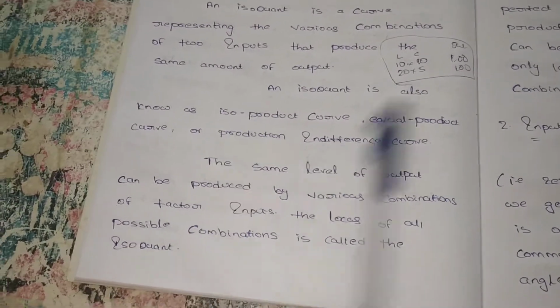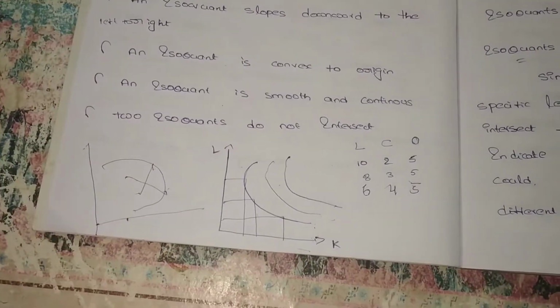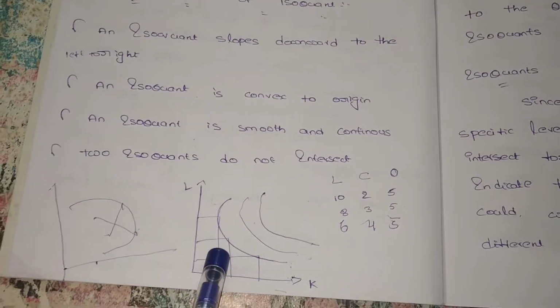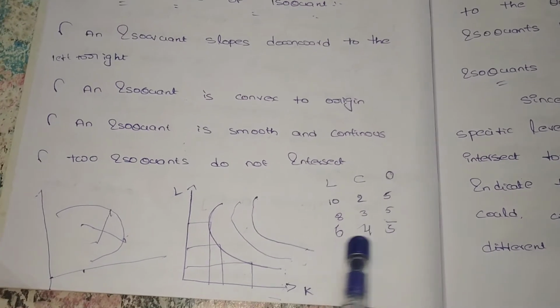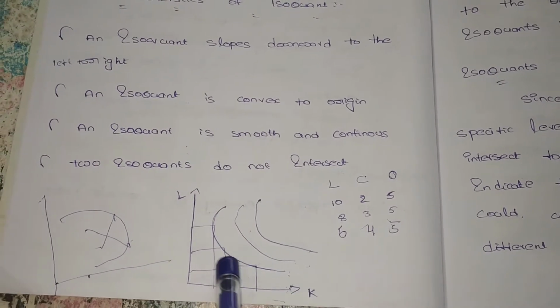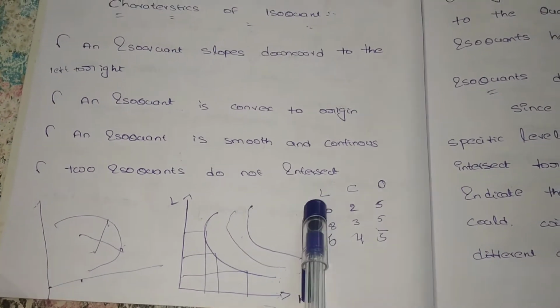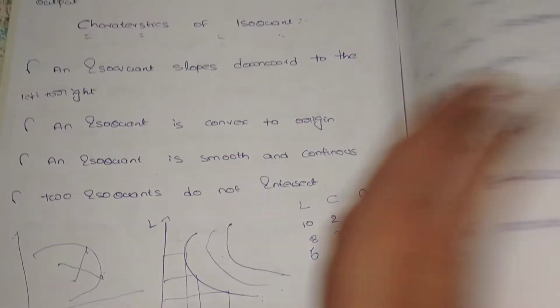For drawing this, wait, I will show. See here, this is an isoquant curve. Already we discussed, here there are changes of labor and capital, but the output is the same. Each and every point is a locus of points. Each and every point gives the same level of satisfaction, but there is a change in labor or capital, and the output is the same.